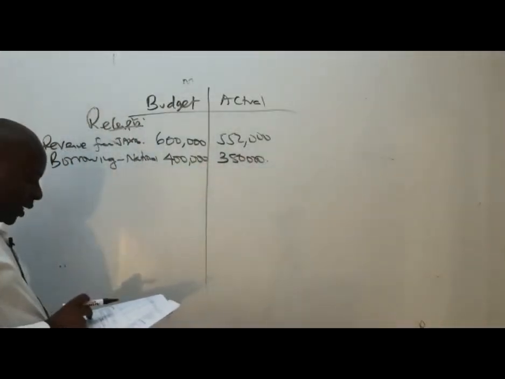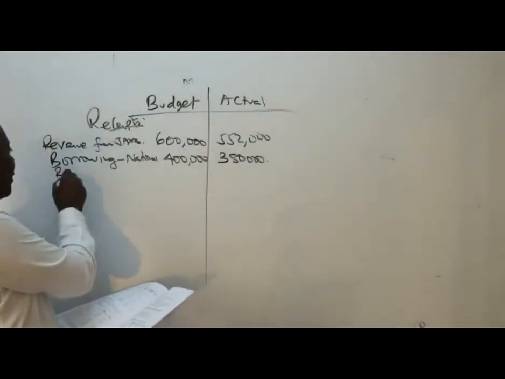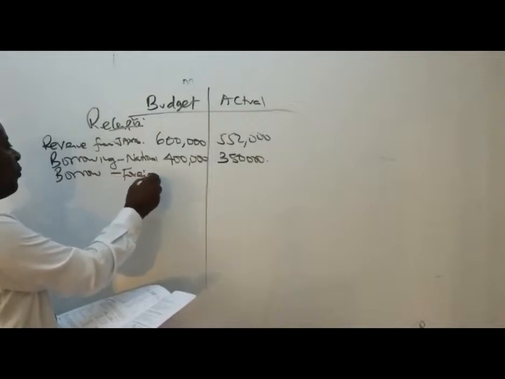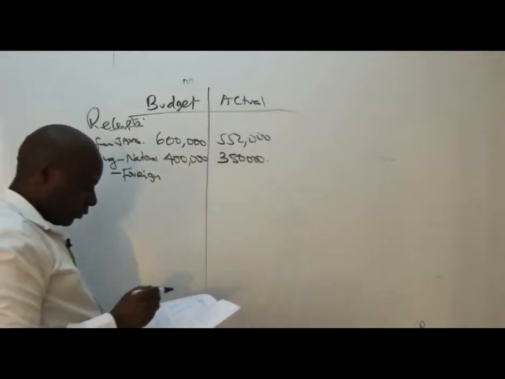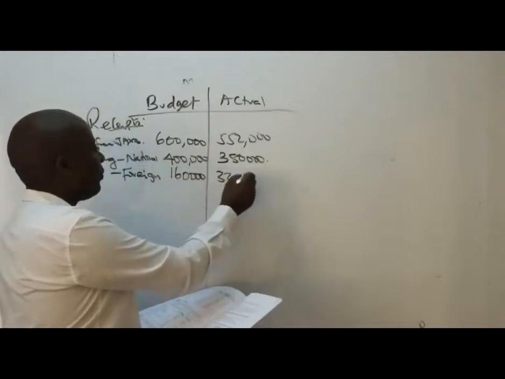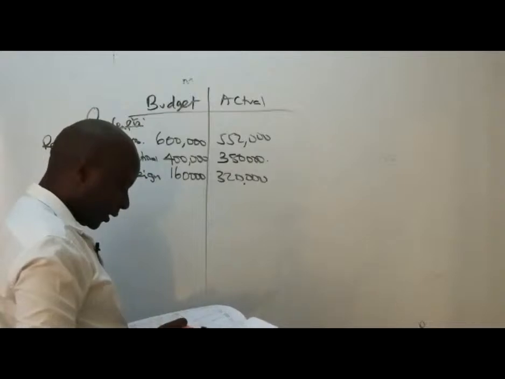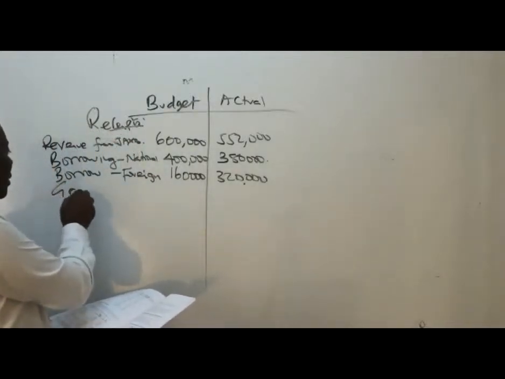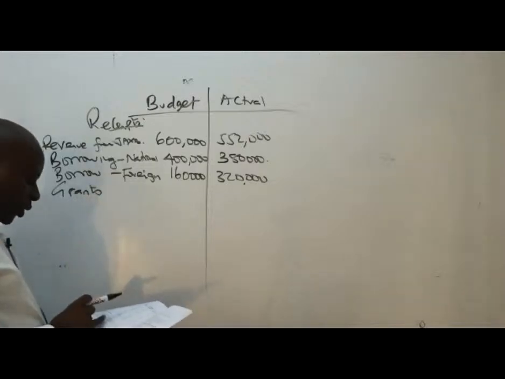From there, ladies and gentlemen, we have borrowings foreign. We have 160,000, and then we have 320,000, like that. From there, we have grants, donations with conditions.